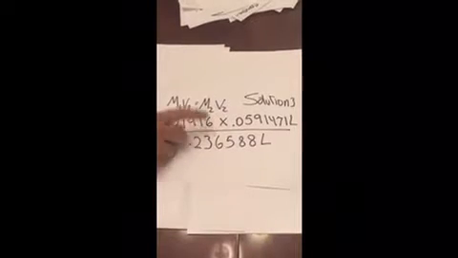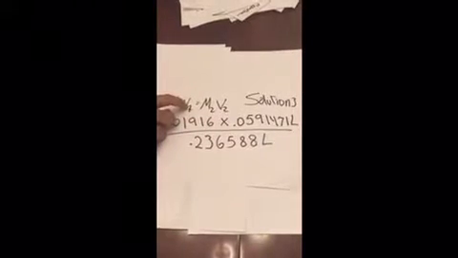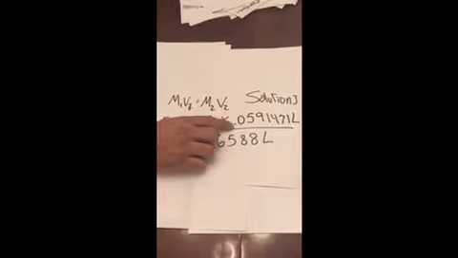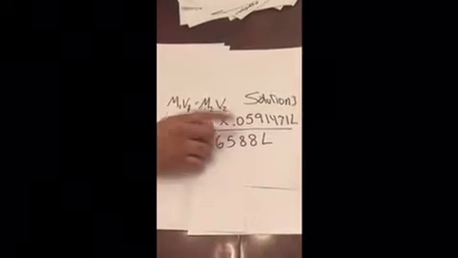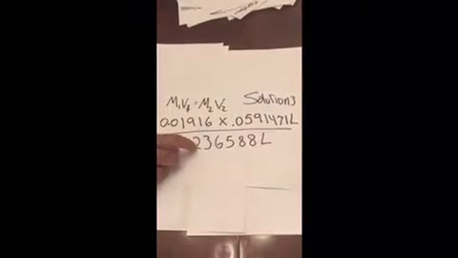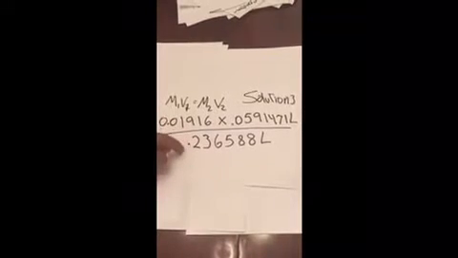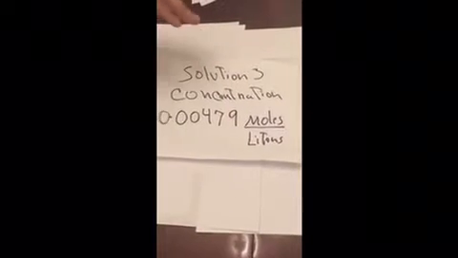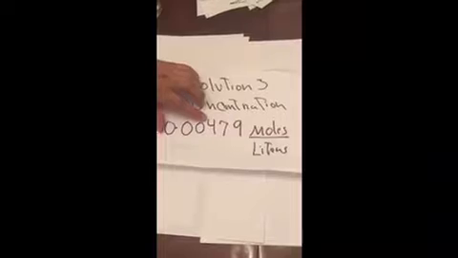I'm going to multiply by V1, which is the amount that I took off the previous solution, a quarter cup, 0.0591471 liters, and divide that by the volume, where I added 1 cup of water, 0.236588 liters, which gives me a solution 3 concentration of 0.0479 moles per liter.